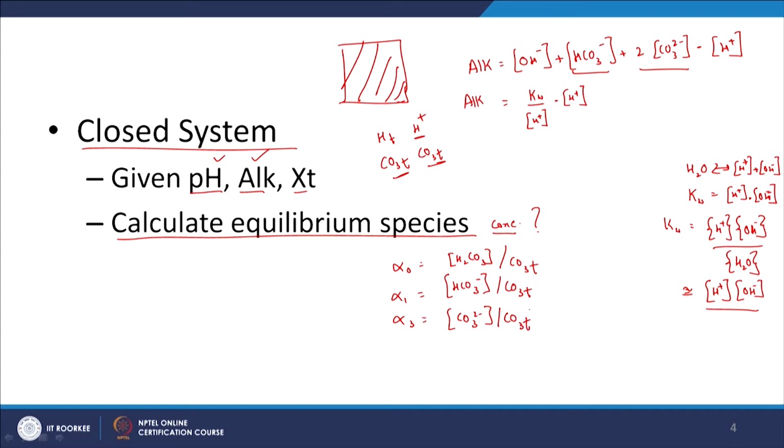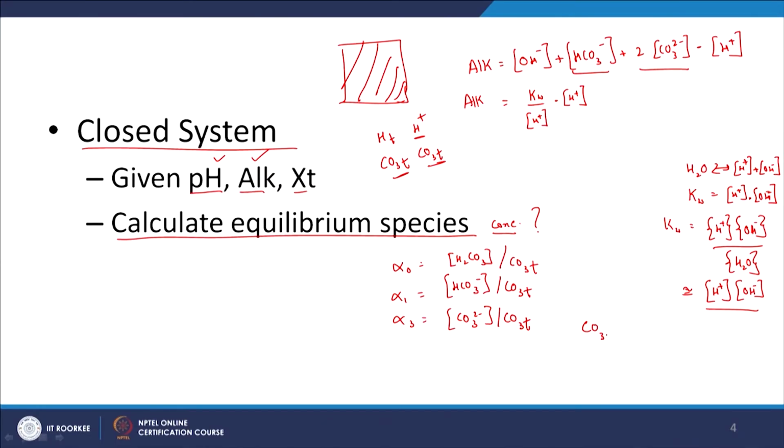Again, just to refresh your memories, we talked about this quite some sessions ago. What do these ionization fractions give you an idea about? Each ionization fraction will give you an idea about the relevant protonated or deprotonated form in terms of the total acid concentration, right.